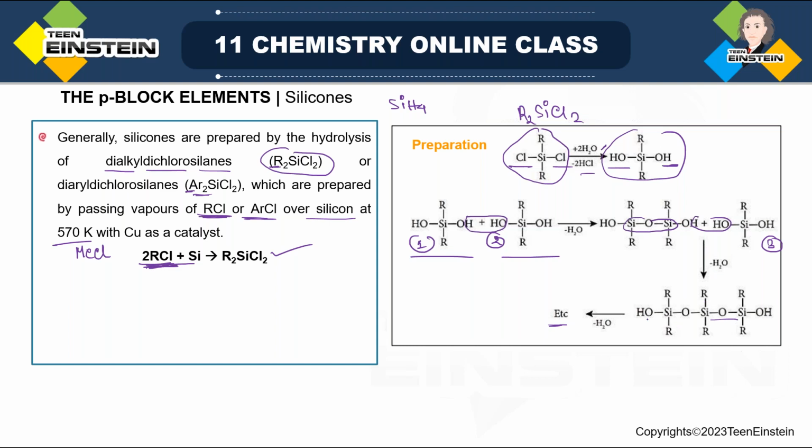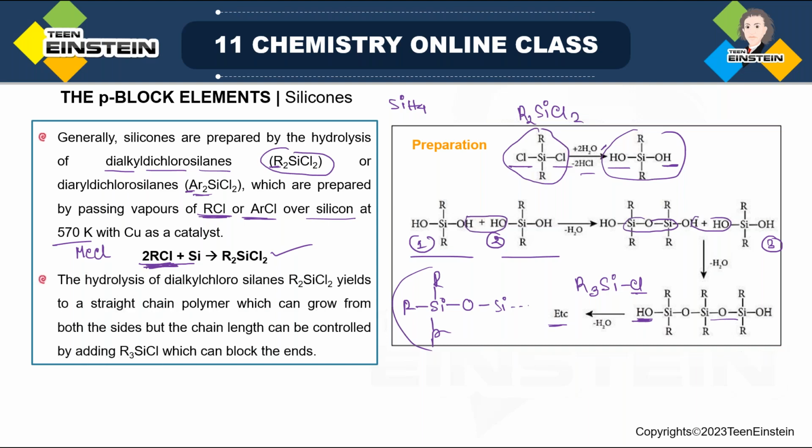If you treat it with R3SiCl, this Cl and H will be removed, and on this side you will get 3 R groups, and there is O, then Si, and it will continue. So in this way you can block, but for blocking you have to use R3SiCl.